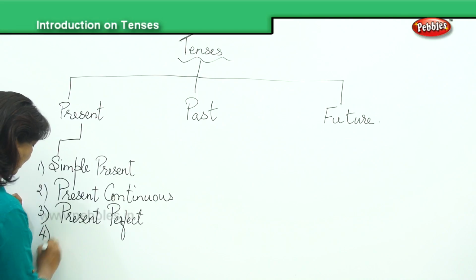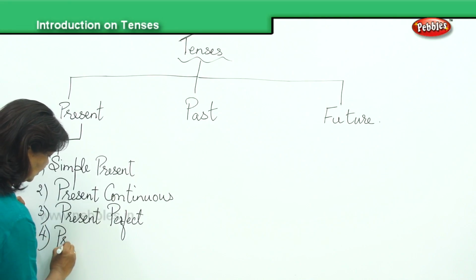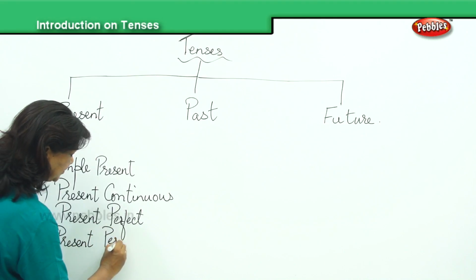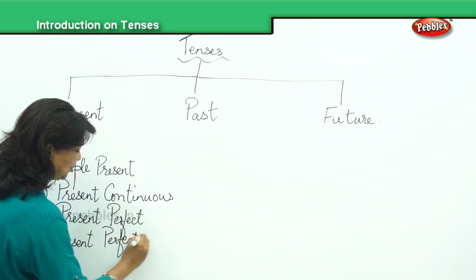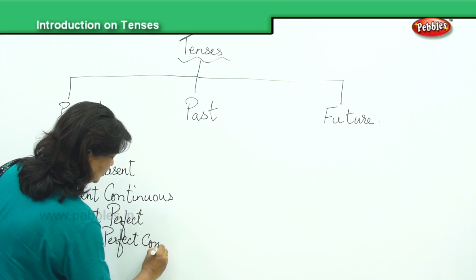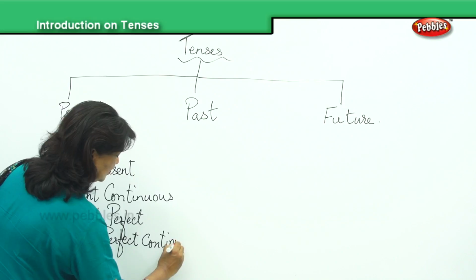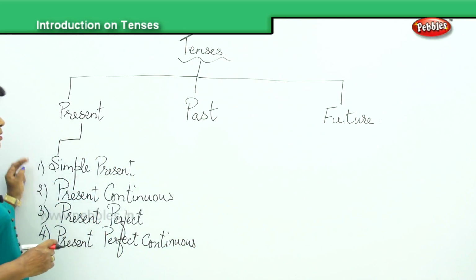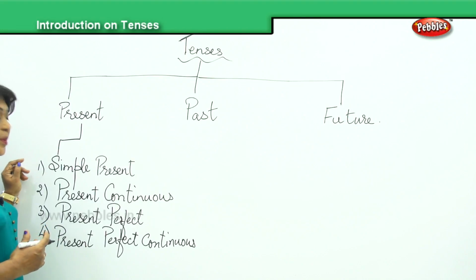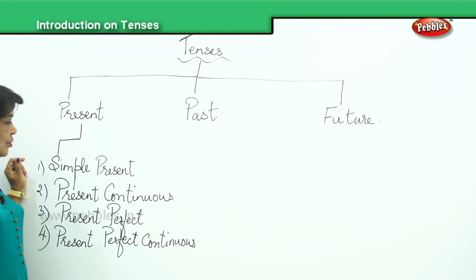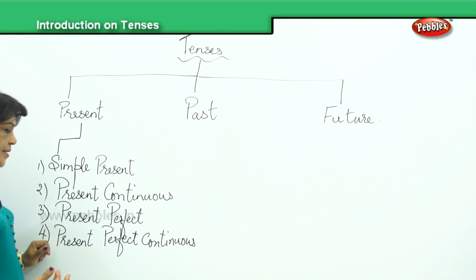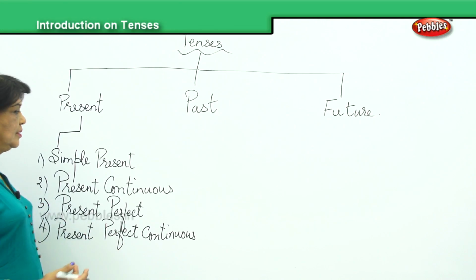And the fourth one is present perfect continuous. Okay. So, the present tense can further be divided or classified into the simple present, the present continuous, the present perfect and the present perfect continuous.